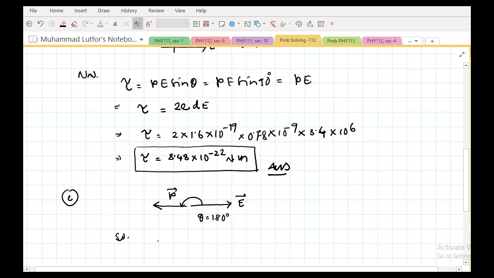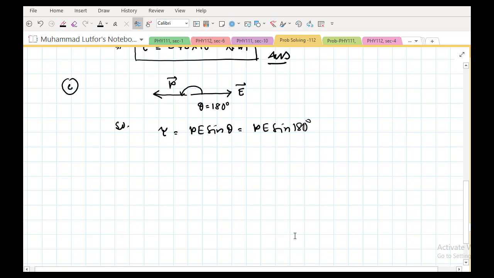So the torque you can write as PE sine theta, now theta is 180 degrees, PE sine 180 degrees, and sine 180 degrees is basically 0. So the torque would also be 0 in this case.